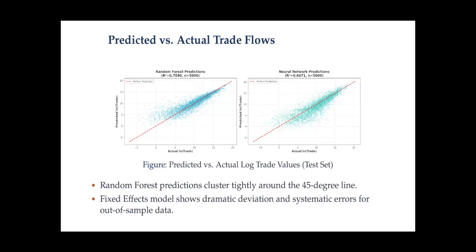The figure itself is predicted relative to actual log trade values. So the test set result is coming out right here. As you can see visually, random forest predictions are relatively tightly around the 45-degree line compared to the neural network.